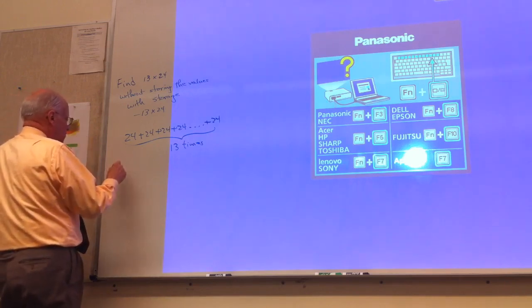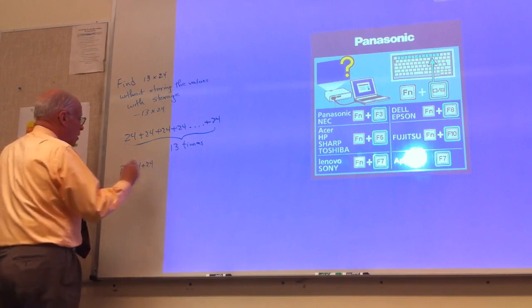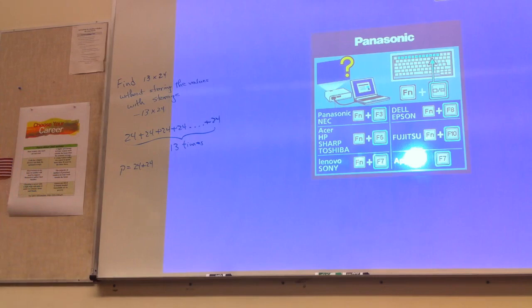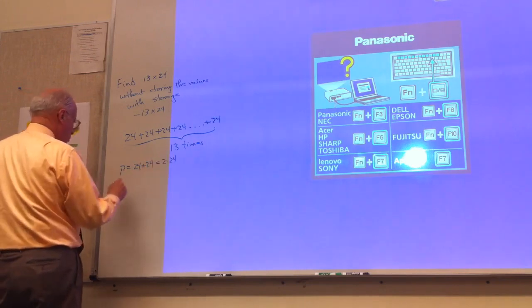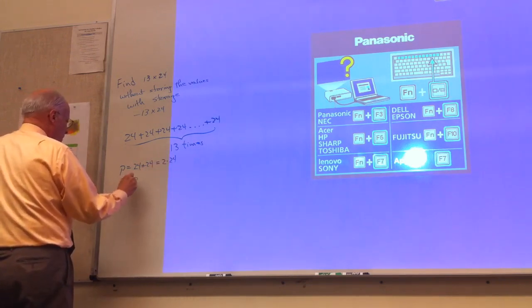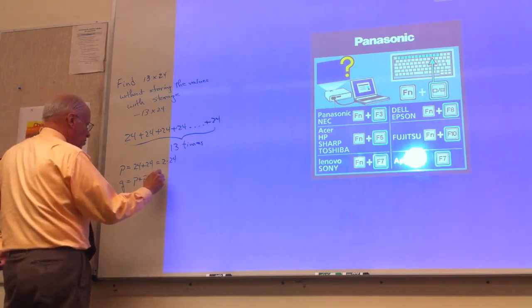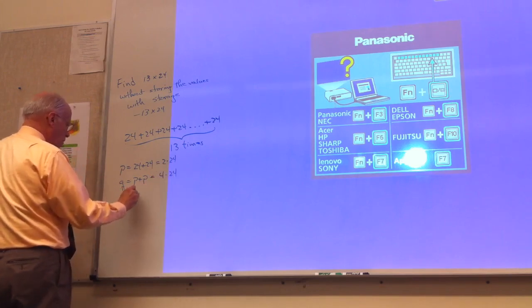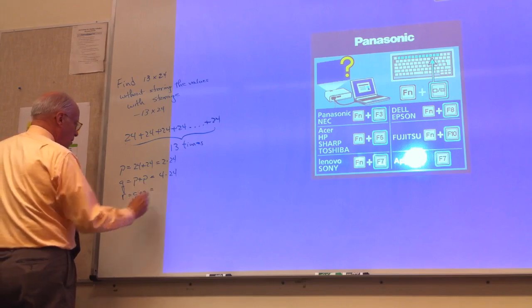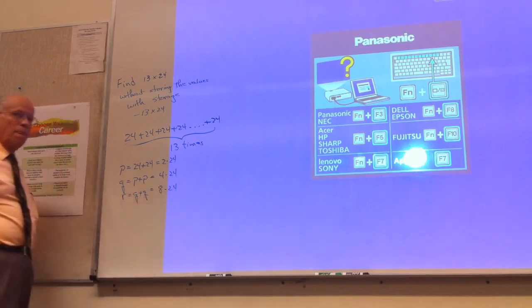Notice, let's just give this thing a variable name. Adding that thing to itself gives me actually 2 times 24. Now if I add p to itself, that actually gives me 4 times 24. Add q to itself, and I get 8 times 24.